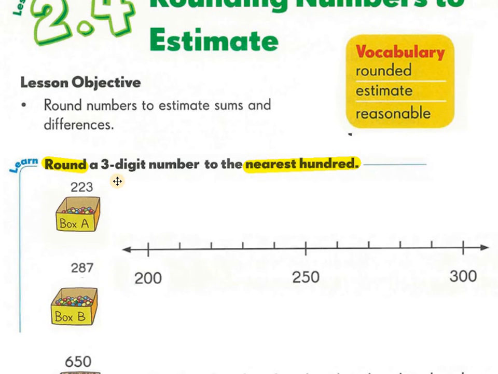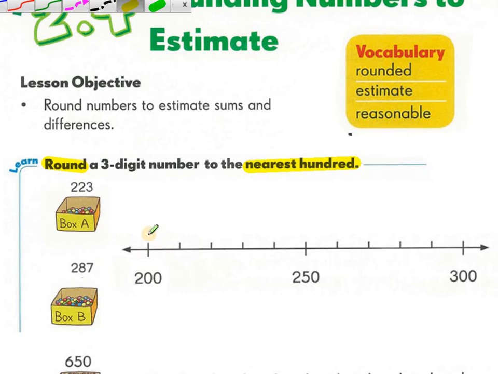I'm going to look at box A, and box A has exactly 223 beads in it, and I want to make an estimate about how many are in the box. So I'm going to think about the number line I see here.